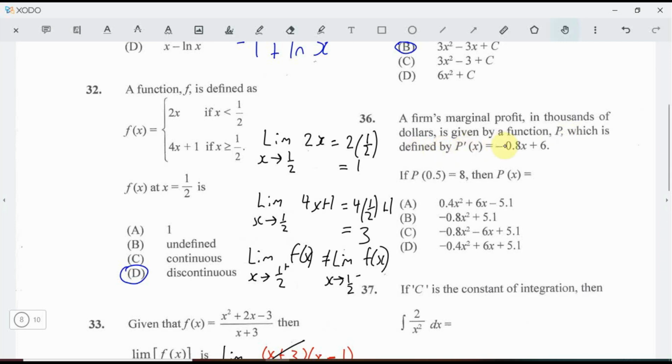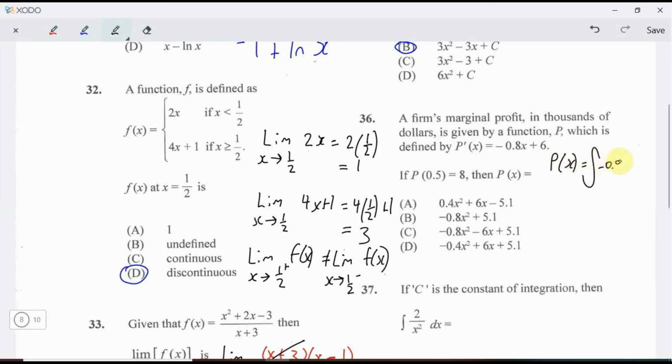Question 36. It says a firm's marginal profit in thousands is given by this function, which is defined by p prime of x is negative 0.8x plus 6. If p of 0.5 is 8, then p of x is, first thing we need to do is integrate to find p. So p of x equals the integral of negative 0.8x plus 6.